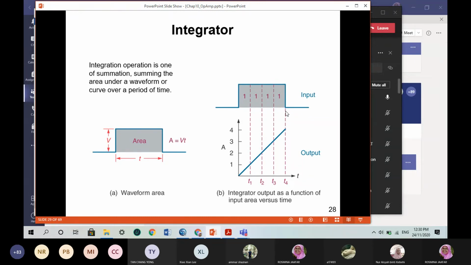But because the square wave goes to 0 here, the area under the curve at the region when it is 0 is 0. So you will have a jigsaw waveform. You have increasing, and then up to this region it drops to 0, and then it will rise again. When the phase is negative, you will have the opposite direction of the slanting line.